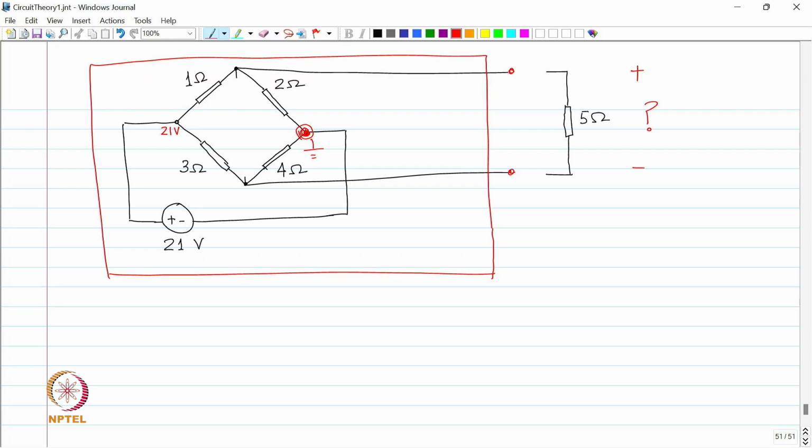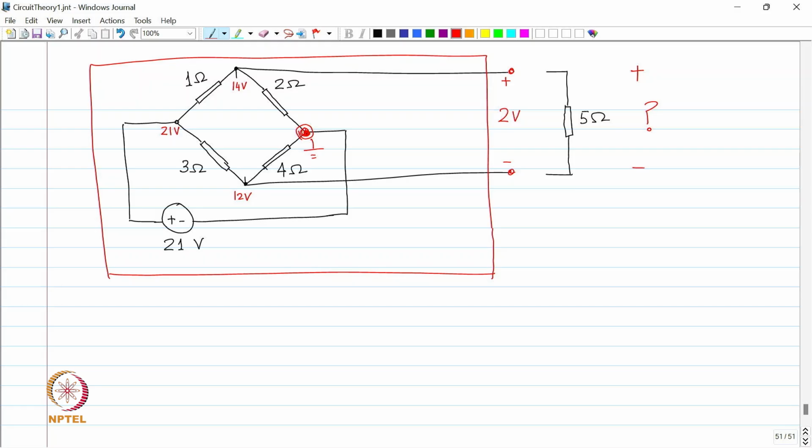And what is the junction between 1 and 2? How many volts? 14 volts. And what is the junction between 3 and 4? 12 volts. So, what is V_OC? Done. First experiment is done.